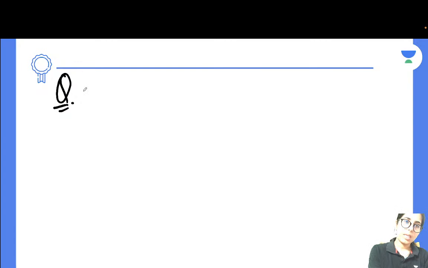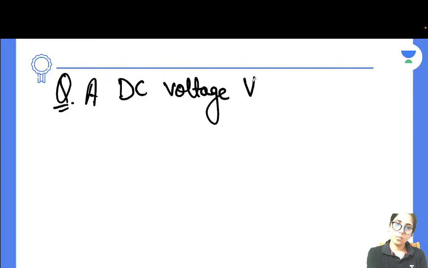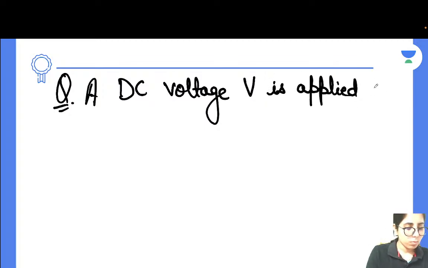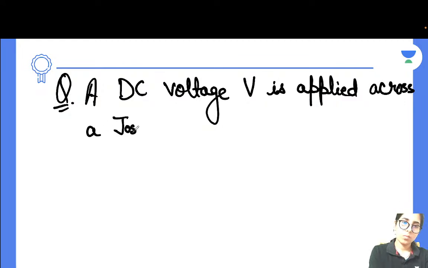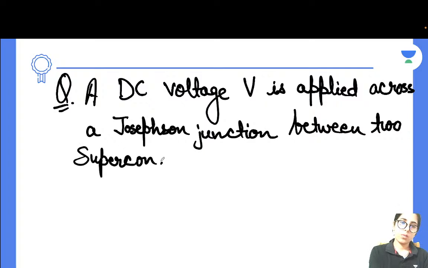A DC voltage V is applied across a Josephson junction between two superconductors with a phase difference phi naught.